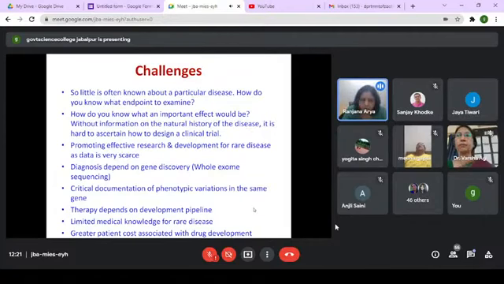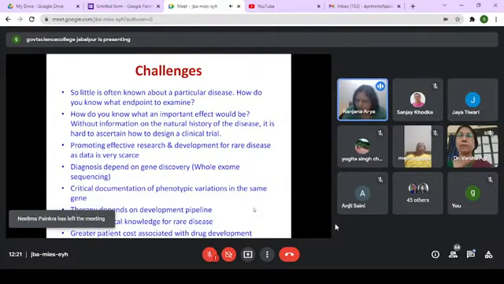The problem is the limited medical knowledge for these rare diseases and the greater patient cost associated with drug development, which makes it a much bigger challenge to understand these diseases and come up with treatment options.